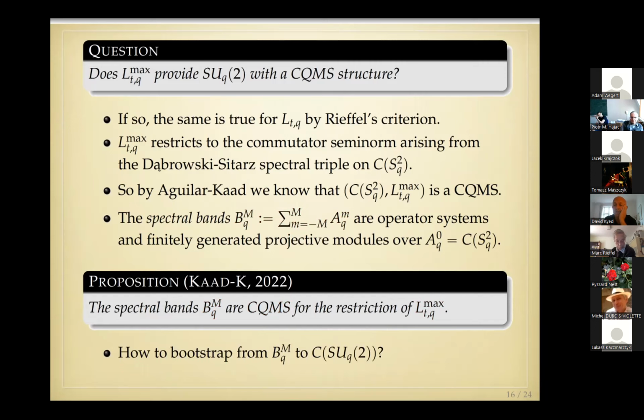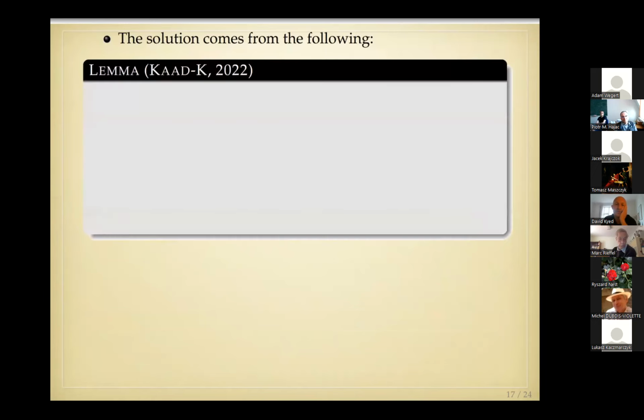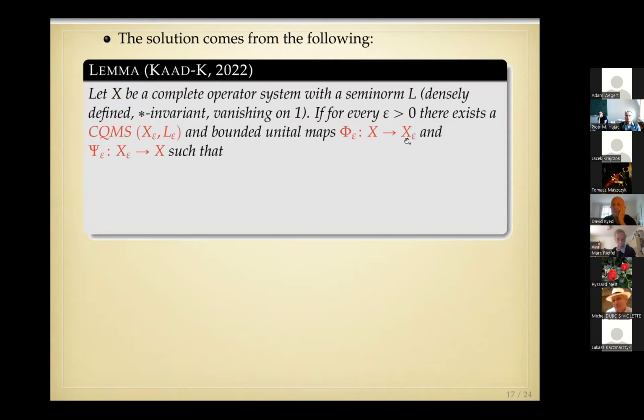And I'm going to give you the result that we're using, because I want to somehow advertise that along the way we are developing quite a bit of technology. So the little lemma says that if you have something that you're really hoping would be a compact quantum metric space, so an X and an L, and if you have maps from it into something that you know is a compact quantum metric space, and also have a map backwards from the compact quantum metric space into your X in such a way that, well, the first map is supposed to be bounded for the semi-norms, and then it is supposed to approximate the identity better and better on the semi-norm unit ball.